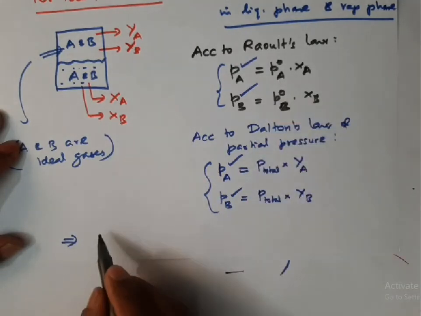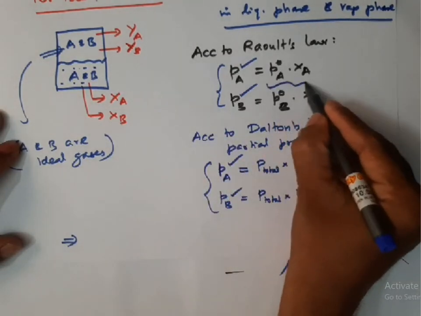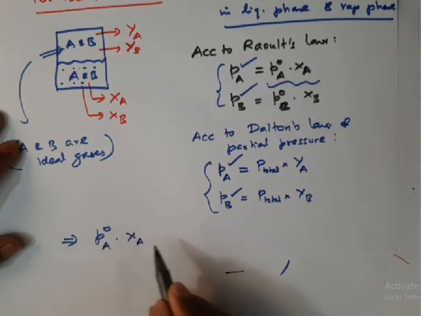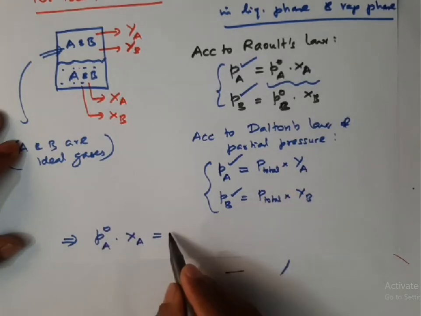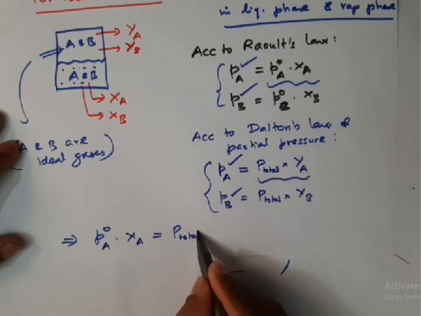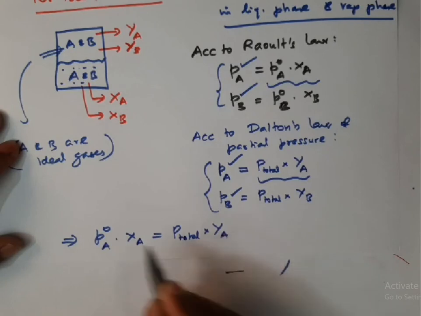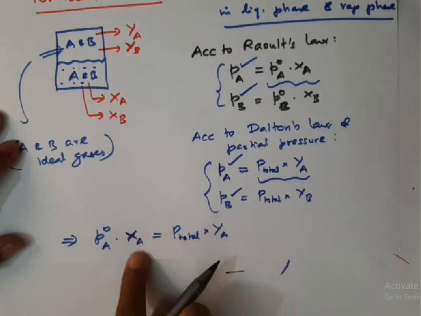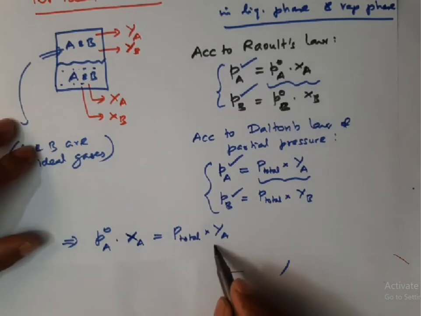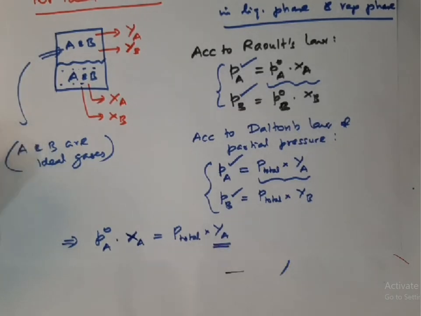See, this quantity, that is P naught A into XA, should be equal to this quantity, that is total pressure into YA. Students, observe carefully. This is XA, this is YA. So I am relating the XA and YA. Therefore, what is the mole fraction of A in the vapor phase?